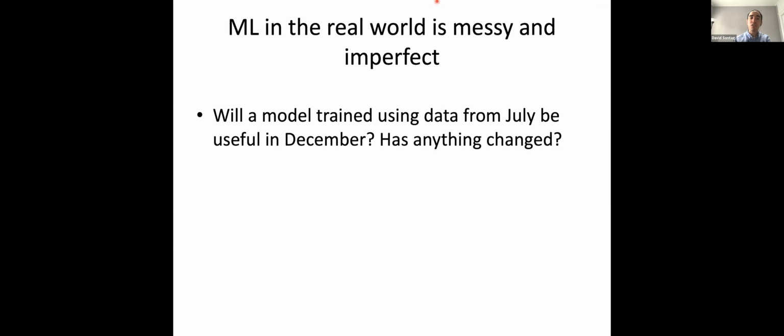So for example, I'd like to hear from you your thoughts. Will a model trained using data from July be useful in December? Has anything changed? So if you could take out your chat and send me a private message, I'd like to see your thoughts about whether there are any concerns with using a model which is trained using data from March to July to learn who is likely to have poor outcomes from a COVID-19 infection, hospitalization, and then taking that model and deploying it now in December or January using data up until now.